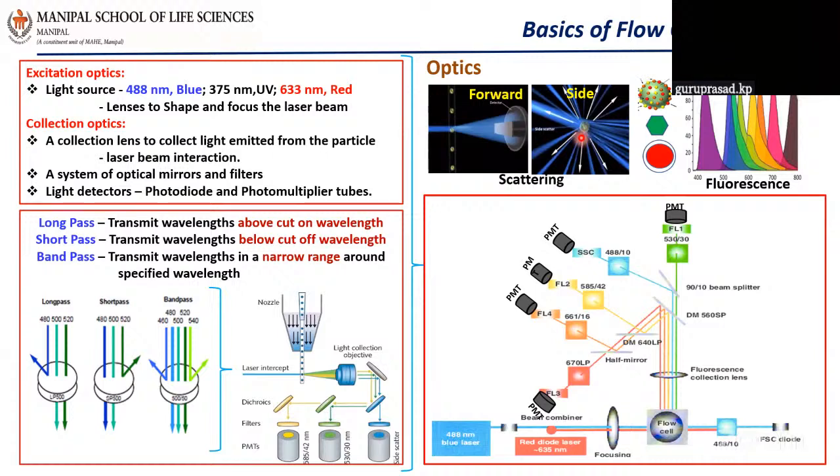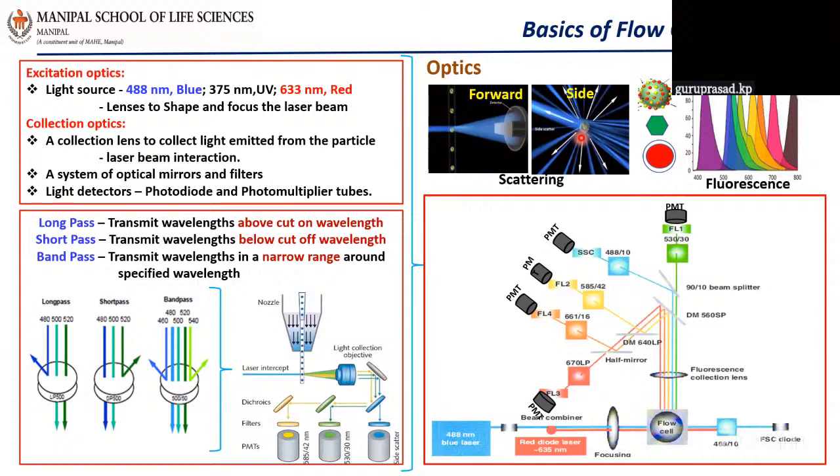When they enter into the cell, the cytoplasm is made up of many particles. It may be endosomes, it may be Golgi complex, it may be mitochondria, it may be nucleus. So these rays hit one particle, deviate a little bit, hit another particle, deviate a little bit, hit another particle, deviate a little bit, or it may directly hit the nucleus and deviate.